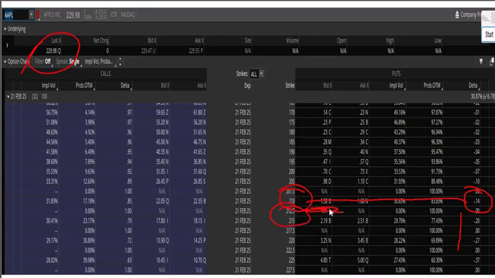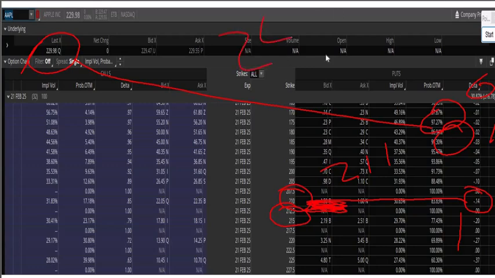So let's say our 16 delta is probably around 211. So that's about 8% lower from where Apple is right now. That's a big difference, isn't it? With MSTR, we had a 24% lower strike for a similar 15, 16 delta. That's 3 times the distance.